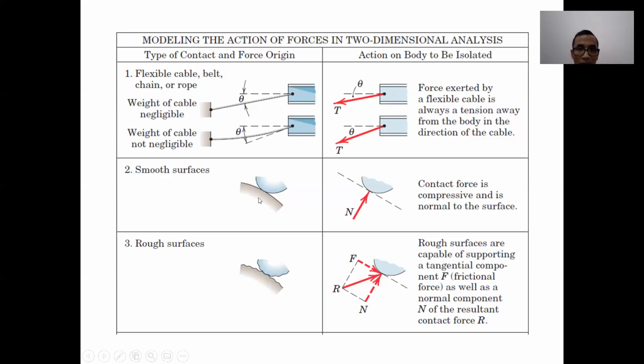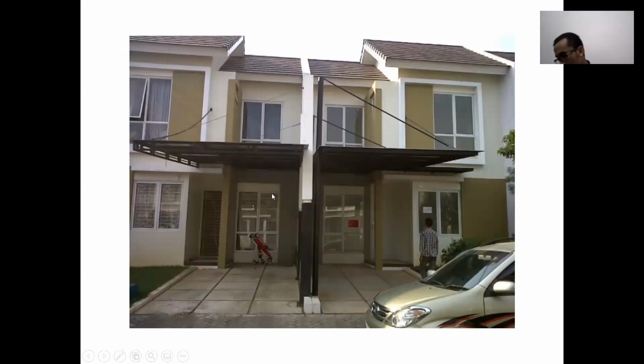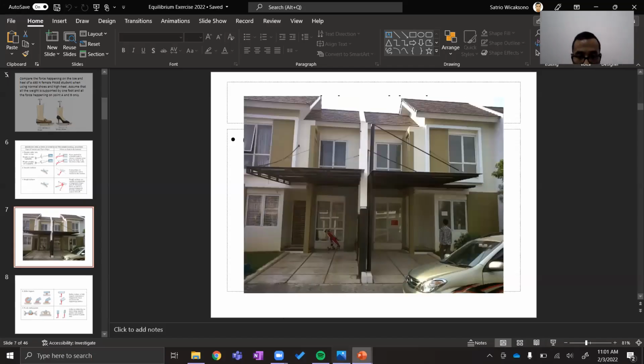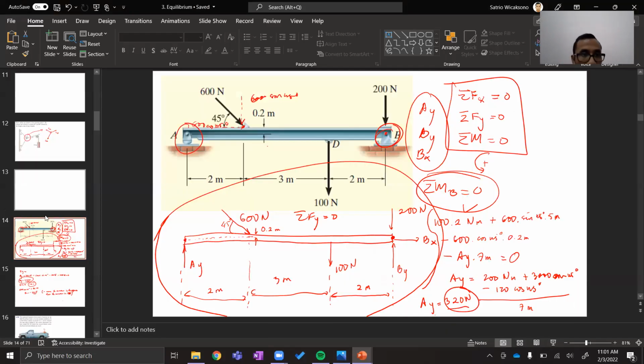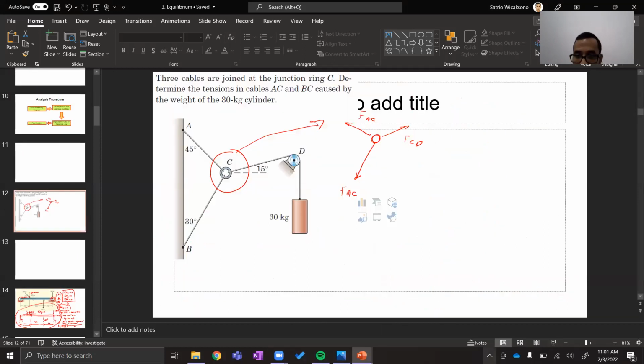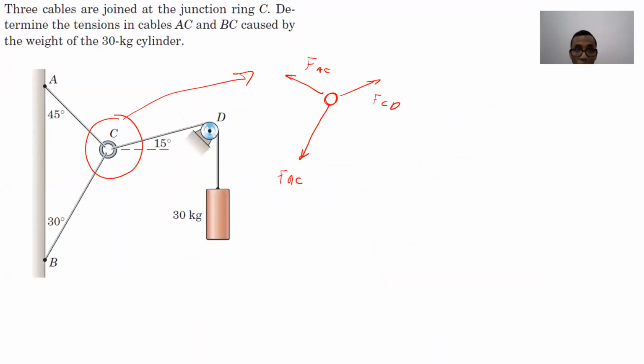Okay, remember when we talked about cable in the previous problem. When we have cable like that, the force that we're supposed to use to replace the cable is in the same direction as the cable.